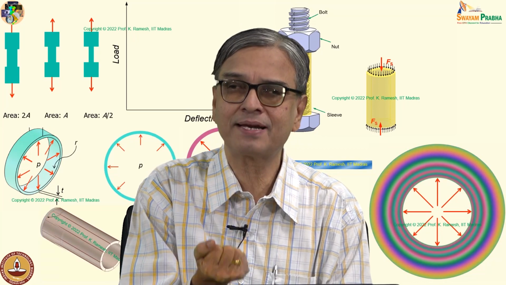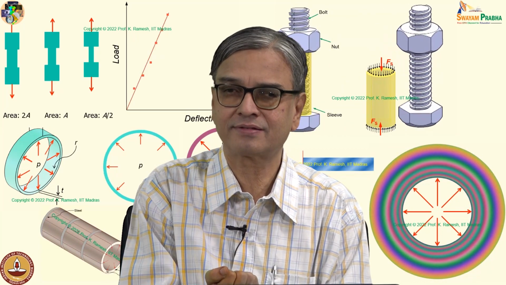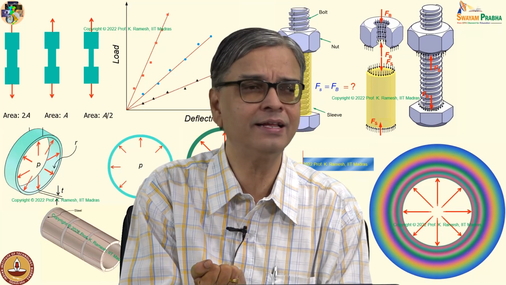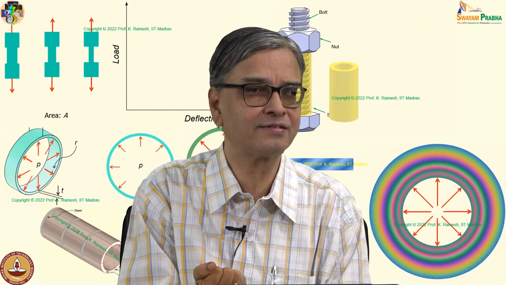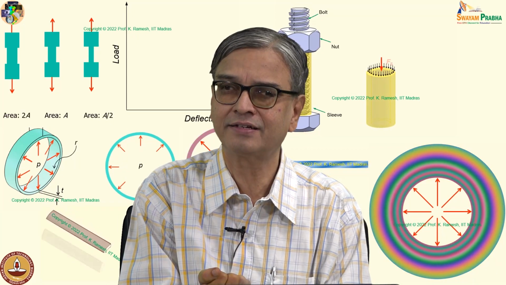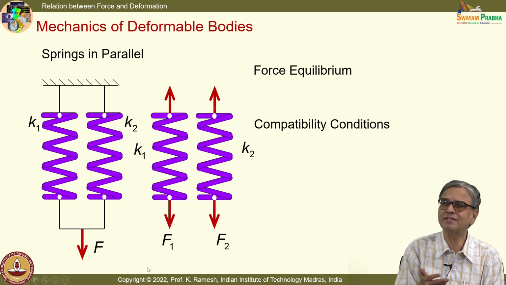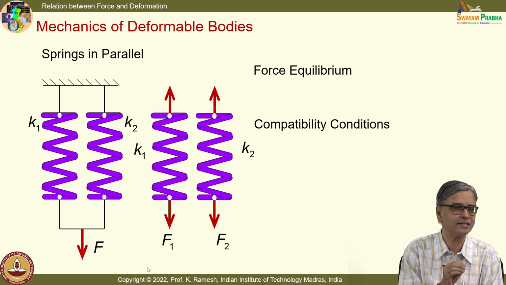So, what is the compatibility? It is very obvious, isn't it? The displacement happening in both the springs, even though the stiffnesses are different. I have given a schematic. Do not say that this is of the same size like it is depicted. That is a way we can do it when you are making a diagram, but I have labeled that the stiffness of spring 1 is different, stiffness of spring 2 is different.